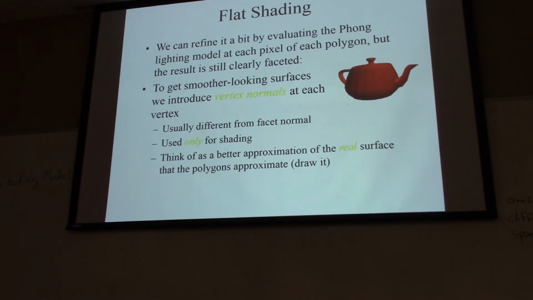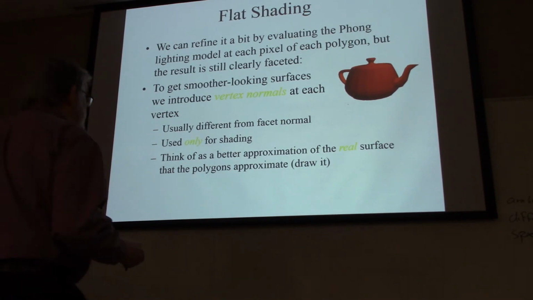The other thing you can tell is if you look at the facets, you can see the boundary between the facets, okay? And the fact that you can see the boundary clearly is due to a phenomenon of the eye called Mach banding. Okay? So, we'll talk about Mach bands.